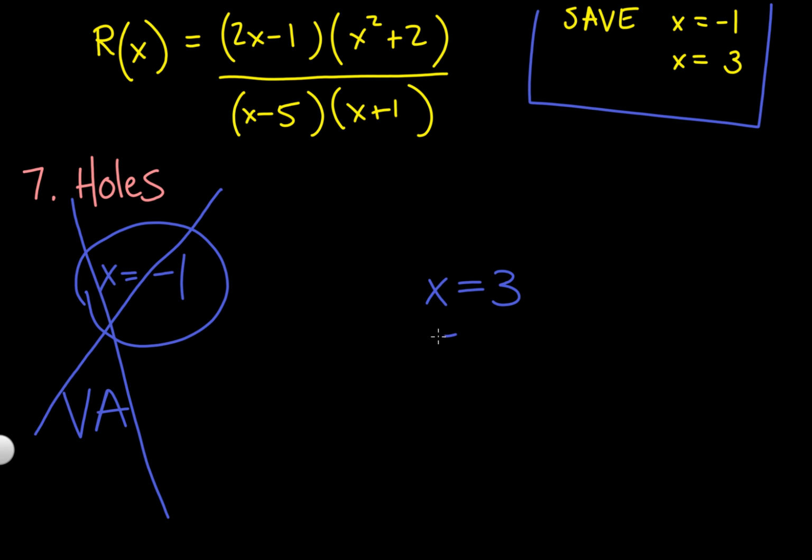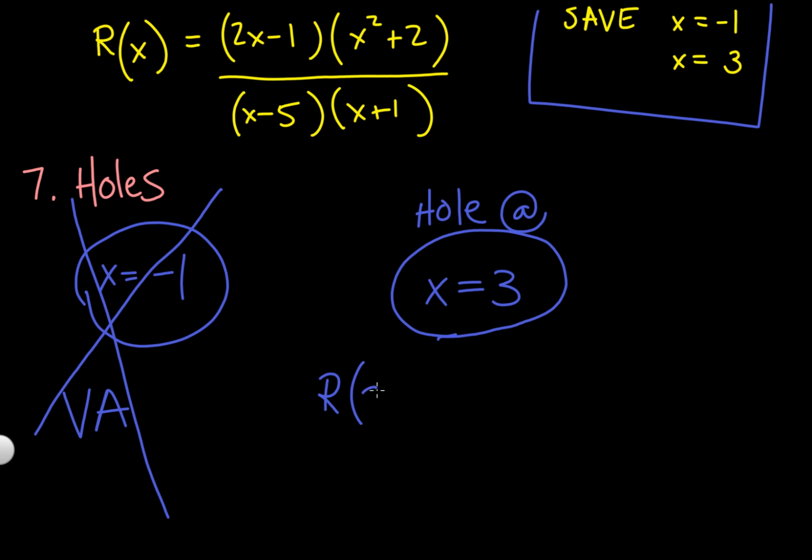On the other hand, x equals 3 does not have a matching vertical asymptote, so we have a hole at x equals 3. We can find the exact point of that hole by plugging it in.